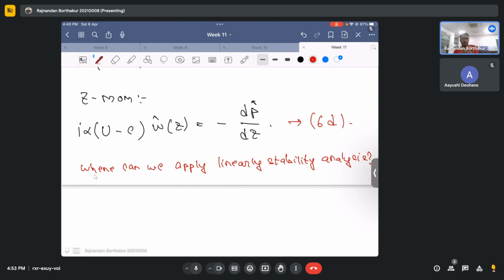You can do linear stability analysis for it. I'll not do the KH instability, it's a very big problem, but I will give you a hint how to deal with it, maybe in the next class.